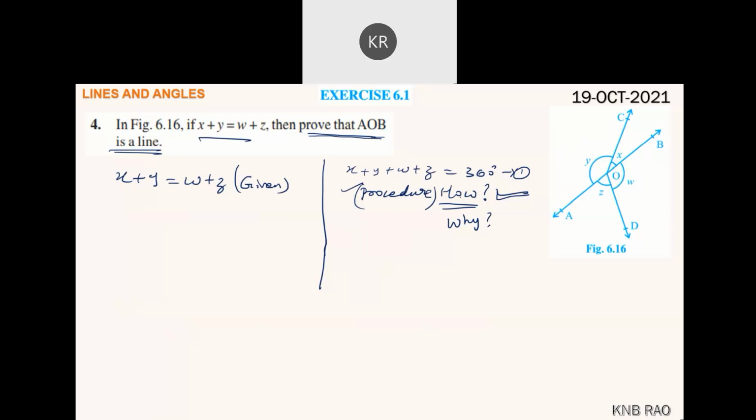So procedure is how, reason is why. Wherever how is required, I'll cut more marks. Where there is a requirement of reason, I'll cut less marks, half to 1 mark. Where there is a requirement of writing procedure, how will come. Where there is a requirement of writing a reason, why will come.